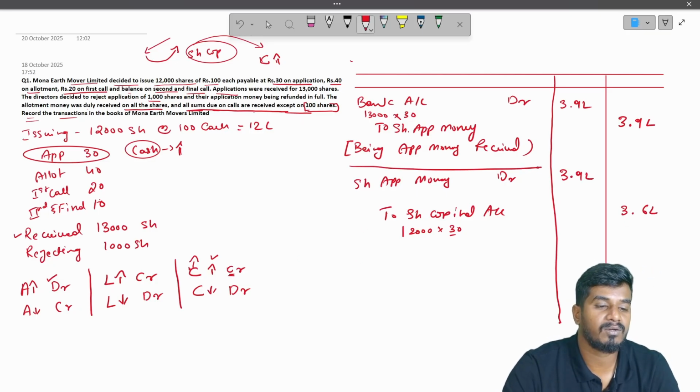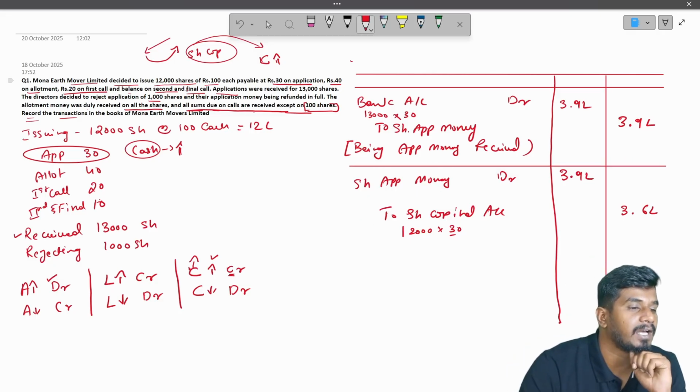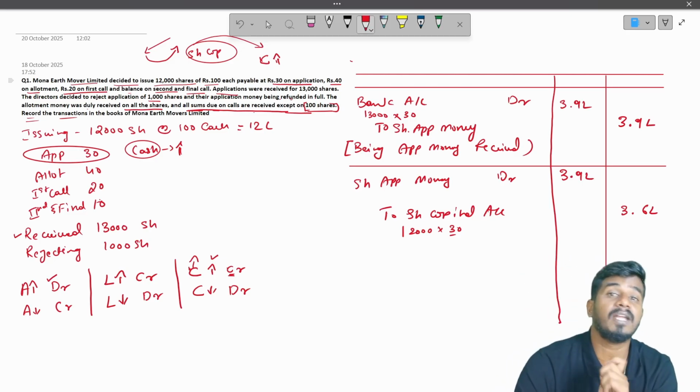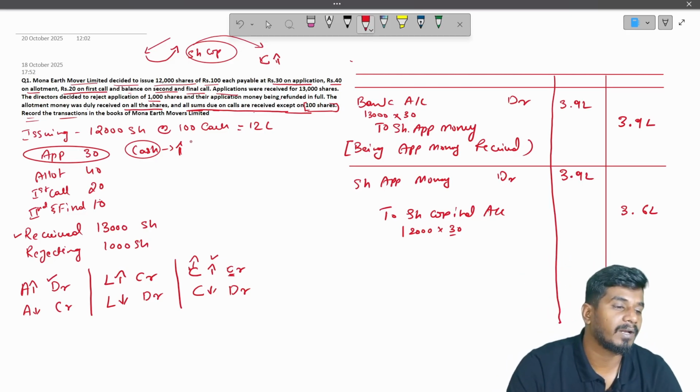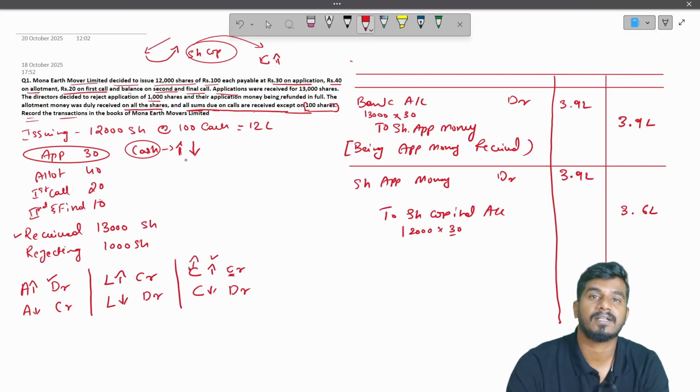So what will happen to the remaining? They are saying they will return the entire money. Of the 13,000 shares, 1,000 shares are rejected and being refunded in full. If they are refunding, what will happen? Our cash will decrease, so the bank account will decrease.